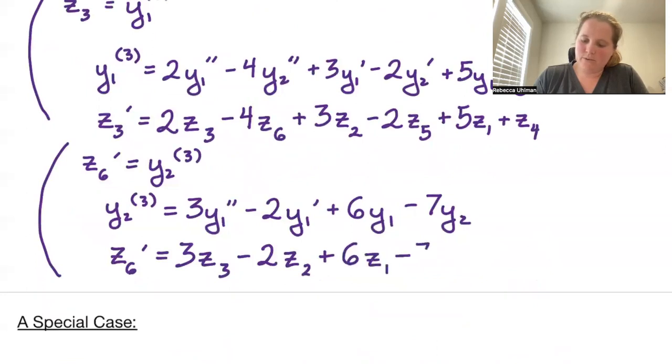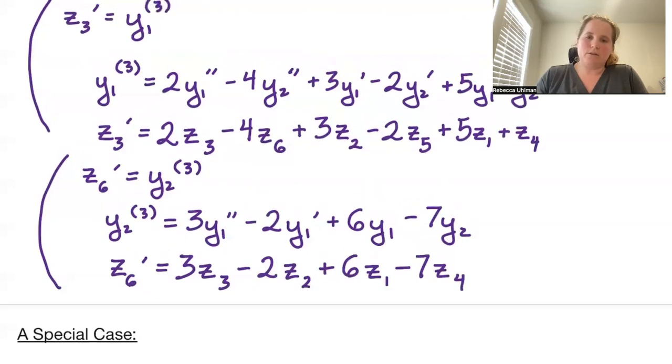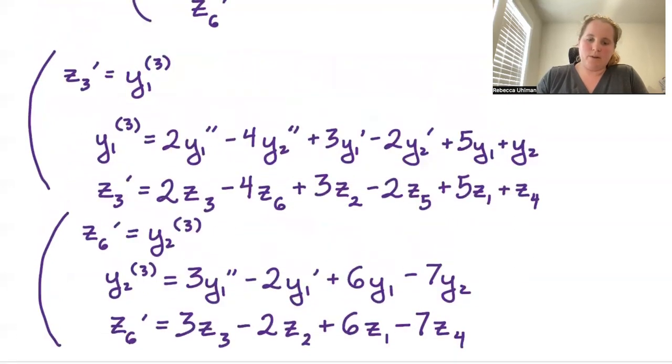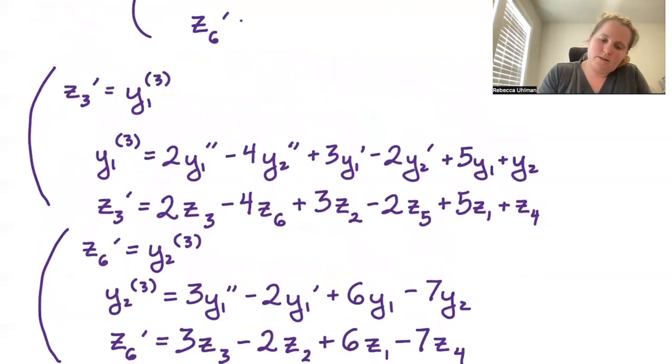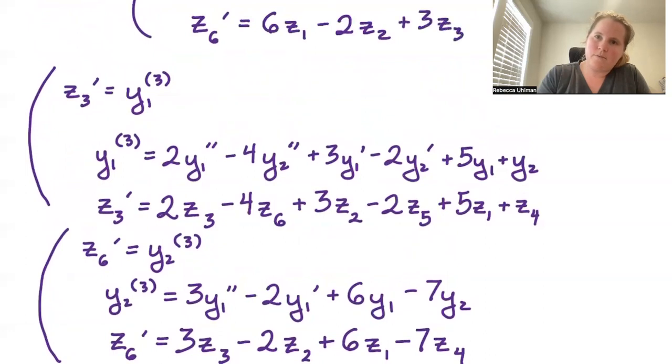And then y2 was z4, so minus 7z4. So rearranging this one, we have z6 prime is 6z1 minus 2z2 plus 3z3 minus 7z4.